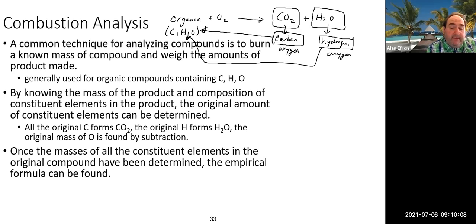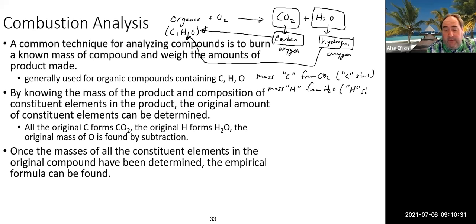So we can figure out the mass of the carbon from the CO2, and that would give us how much carbon we started with. We could also get the mass of the hydrogen from the water, and that would give us the mass of hydrogen we started with. Can we use the oxygen that we collected to figure out how much oxygen we started with?